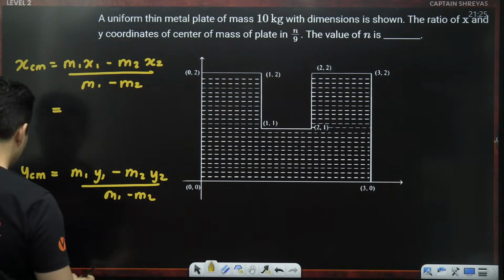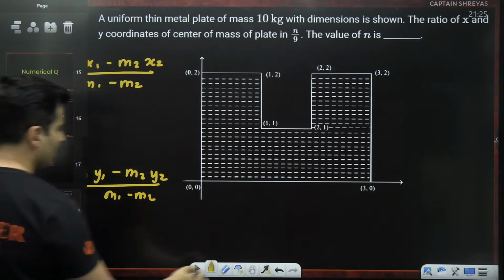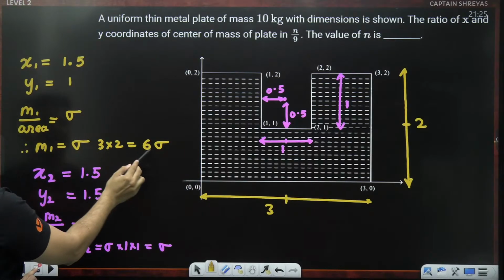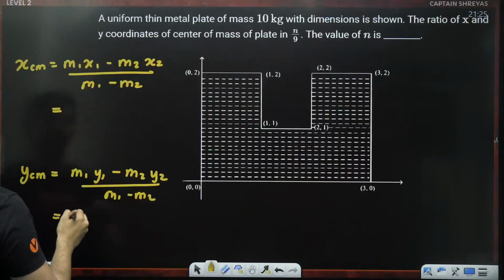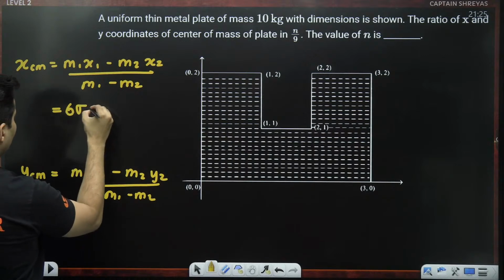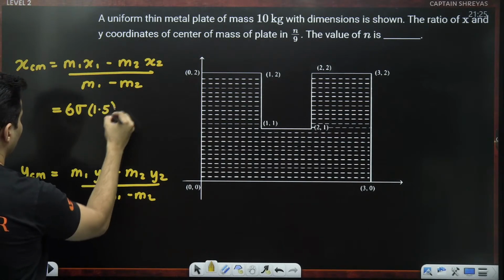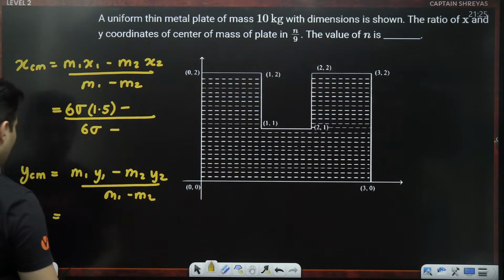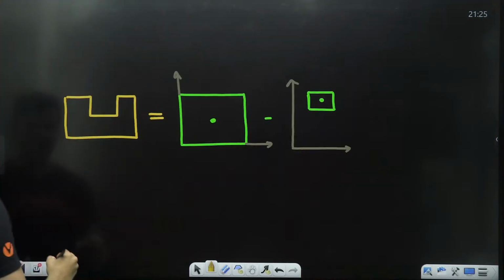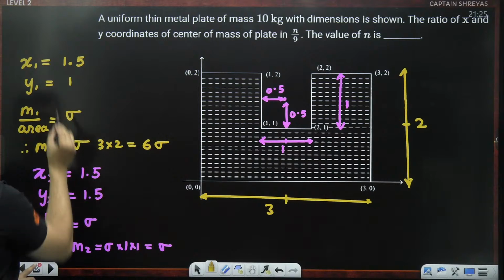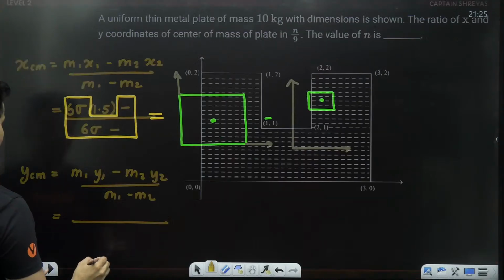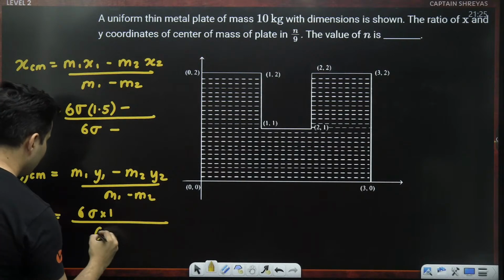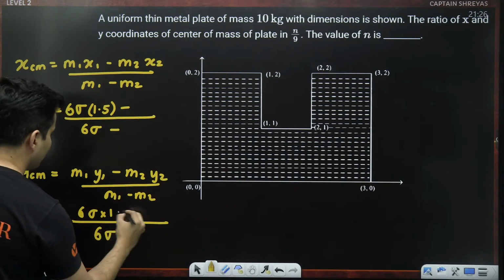Okay, so if you ask me what is m1 x1, well, m1 x1 right from here is 6 sigma into 1.5. What is m1? It is 6 sigma minus. Same thing. What is m1 y1 from here? It is 6 sigma into 1. It is 6 sigma multiplied by 1. And this is again 6 sigma. This is minus, this is minus.